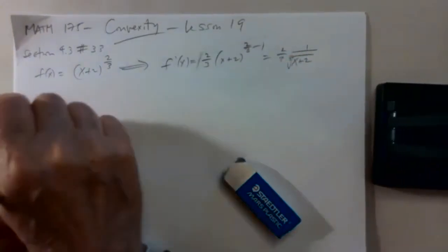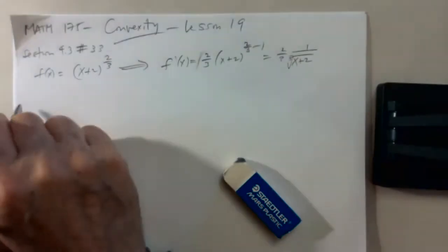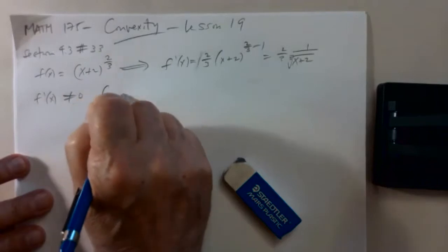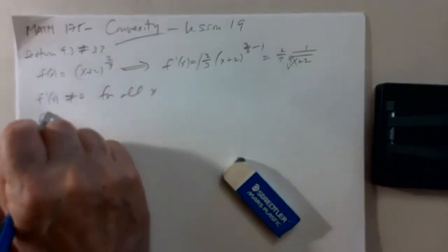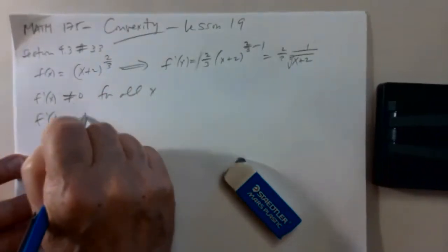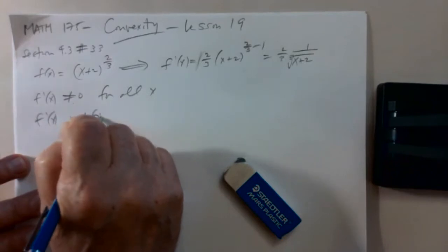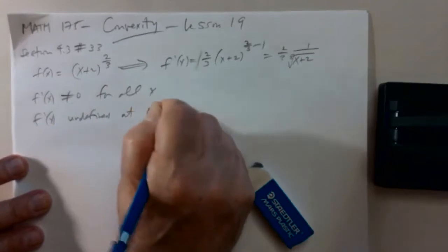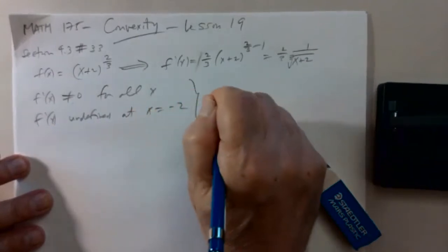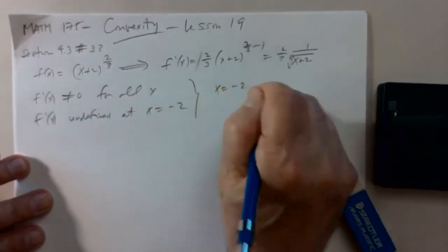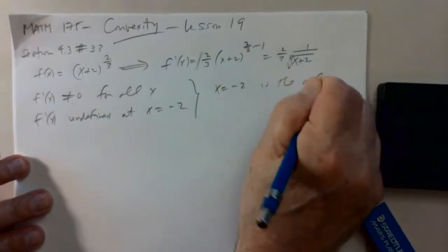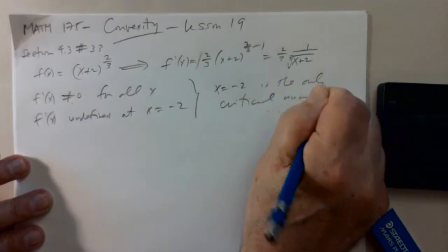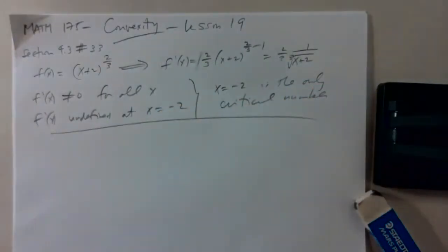And so where do we have a critical number? F prime of x is not 0 for any x. F prime of x is undefined when the denominator is 0, which means x equals minus 2. So x equals minus 2 is the only critical number.